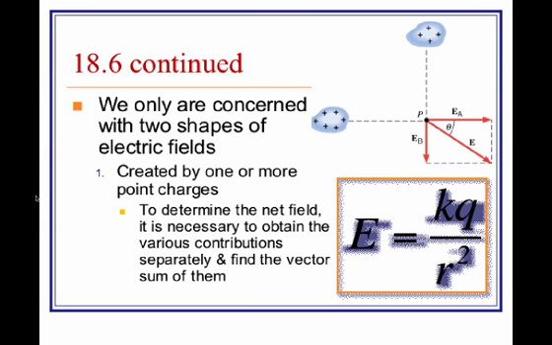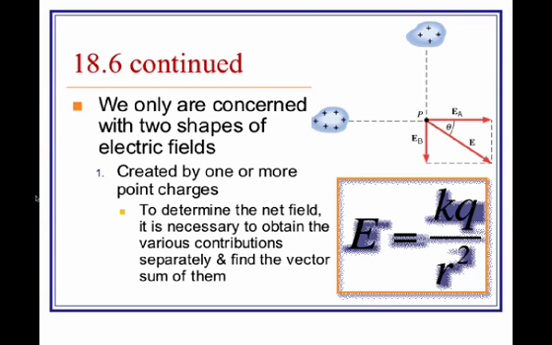So here, the electric field at one point is due to the force exerted by the charge on some small test charge. So what we're really concerned with is the distance and the magnitude of that original charge.